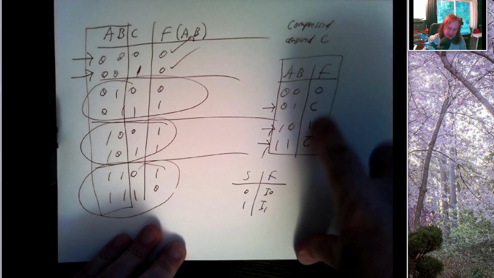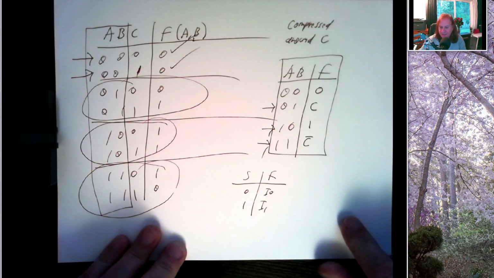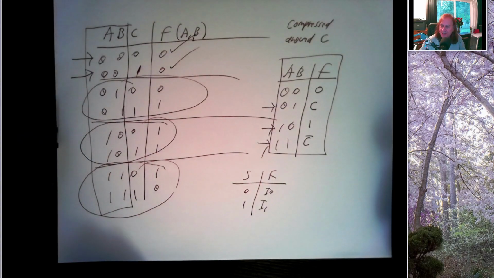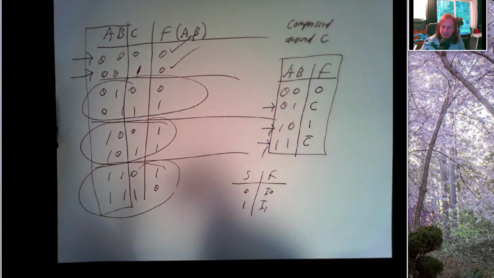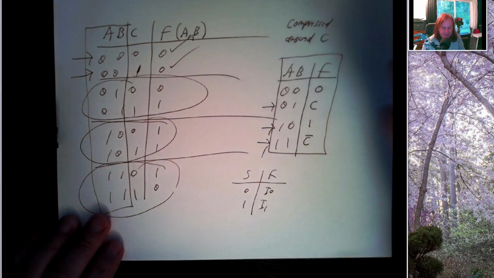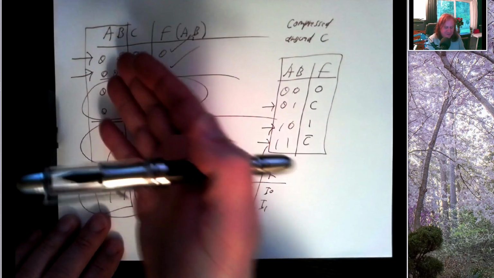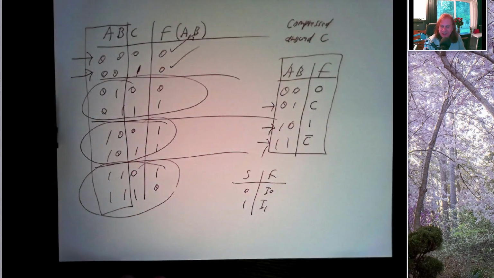It won't just be a 0 or a 1 or something with a C or a C bar, but it'll be some combination of zeros, ones, C's, C bars, B's, B bars, with some additional logic operations in. We can compress around all of the variables, and then our output function would simply be the sum of products expression for f in terms of a, b, and c. So that's a concept you can work with in some of the practice problems.